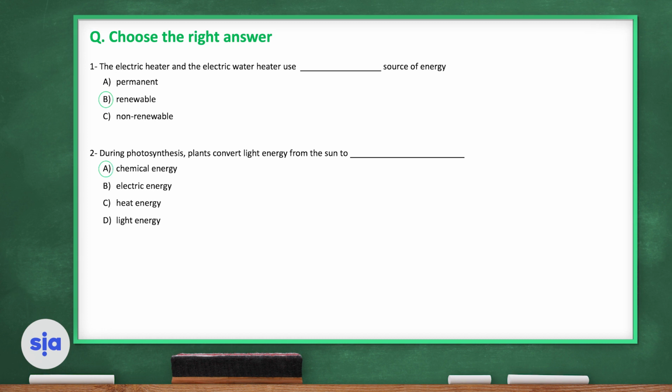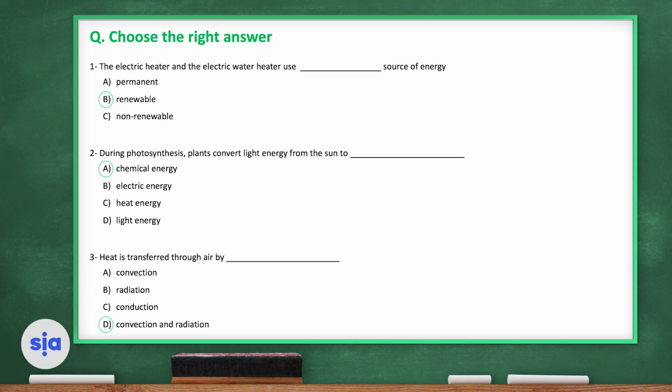Chemical energy, sugar. Heat is transferred through air by convection, radiation, conduction, convection and radiation. It's convection and radiation. Remember, we said that radiation could be transfer of heat in space, in vacuum space, or in air.